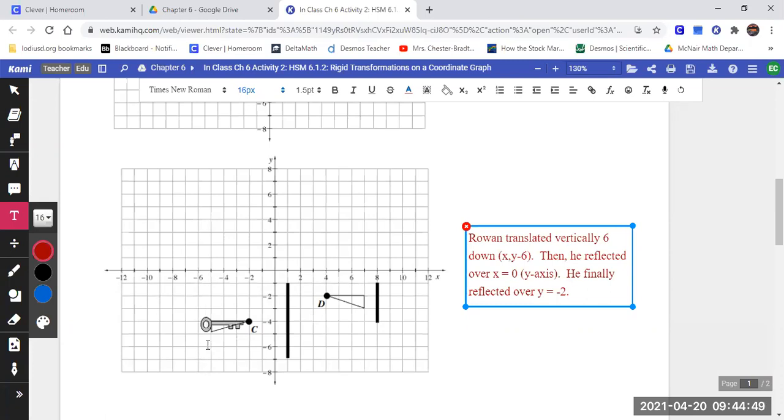Because the big side is on the left and the big side's on the right over here. Okay. So what do we need to do instead? Could I spin it? And would spinning even help? Is there space to spin the key?